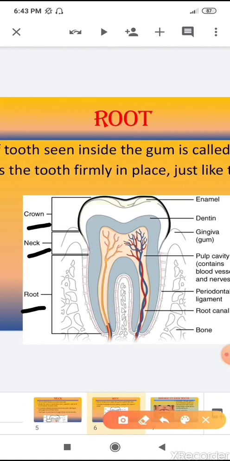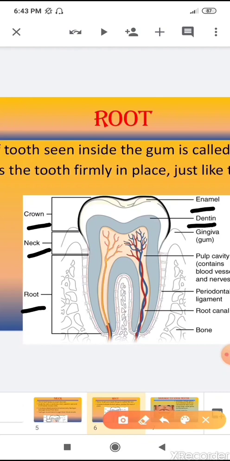The upper layer is known as enamel, which is the hardest substance of the body. Then after the enamel there is another layer called dentine. The main function of dentine is to provide support to the enamel, but it is not as hard as enamel.